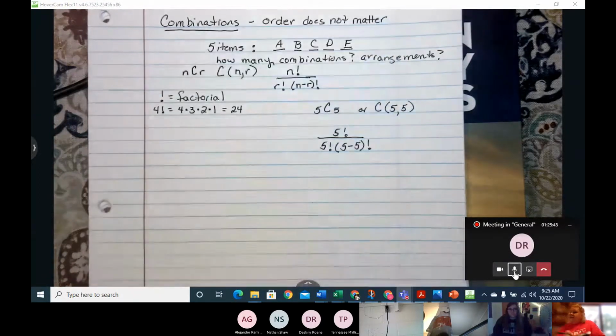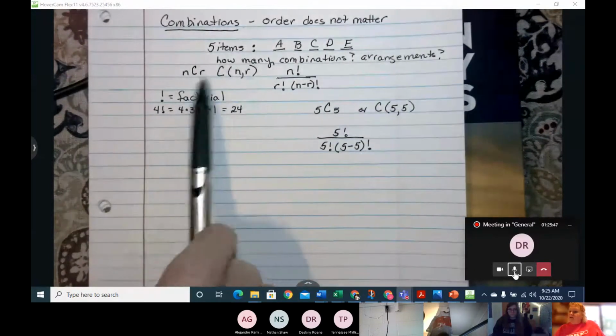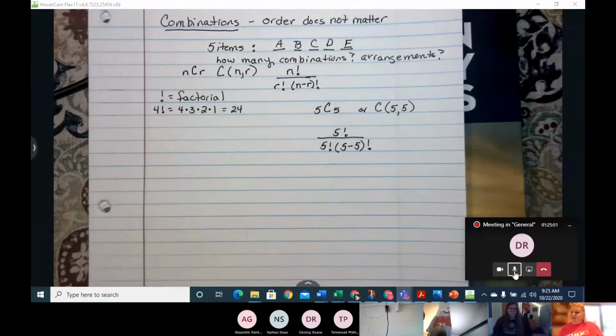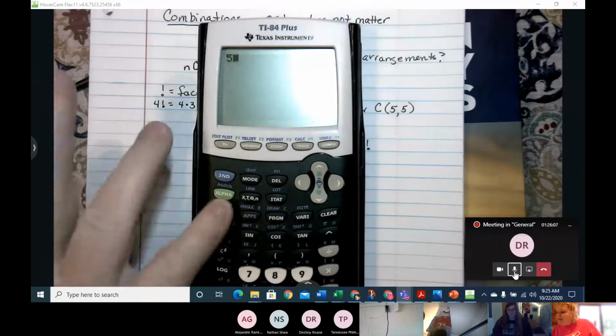I don't have a TI-30 calculator with me, but you should see this combination key somewhere on your TI-30 calculators. You would need to put in the number first, just like I'm going to do here on this calculator. So I'm wanting 5 items, and then I'm going to press the math key.